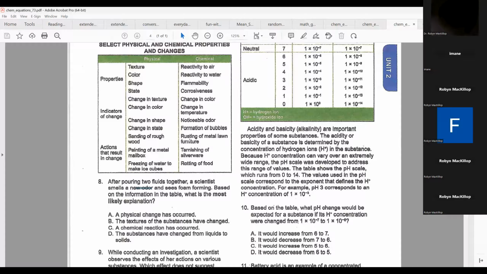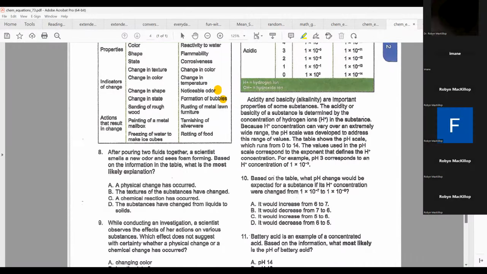I think C, because chemical reaction. Yes, it is C. Perfect. Because here you've got that noticeable odor and bubbles. Foam is bubbles. Different wording. They love to do that. Excellent. And you didn't have to read the paragraph to answer that.